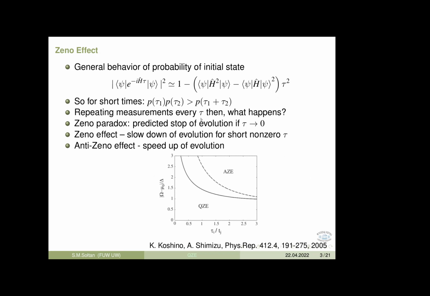One could try to obtain different criteria for whether Zeno or anti-Zeno effect occurs, or whether anti-Zeno effect could occur at all in a given system. But all these criteria more or less boil down to the first inequality that I wrote a moment ago. So that is the short reminder about the Zeno effect and anti-Zeno effect.